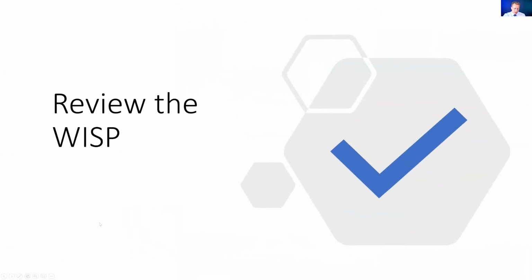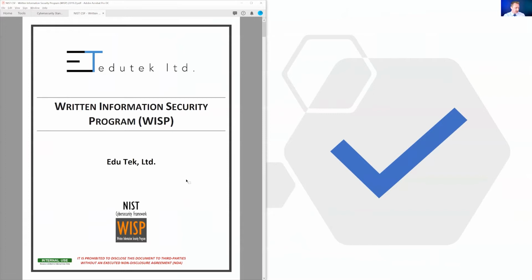So let's start with a brief review of this WISP document. And hopefully it's legible for everyone on the screen here. As you look across this document, maybe you have your own copy of it, or if this is your first time looking at it, this is a high-level document that outlines a number of policies that ultimately live up to the NIST cybersecurity framework.